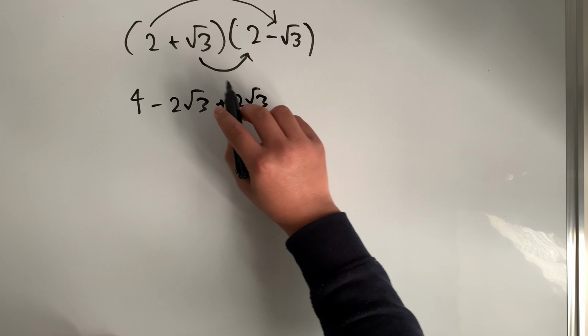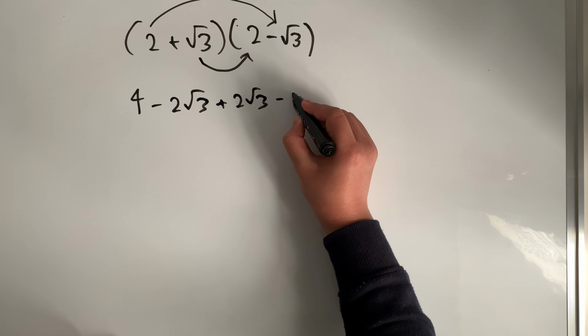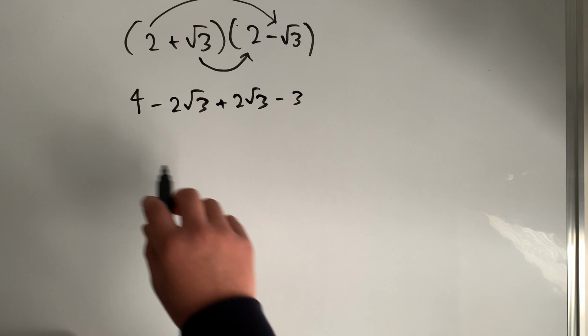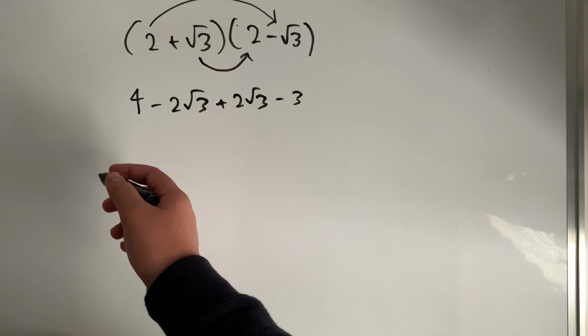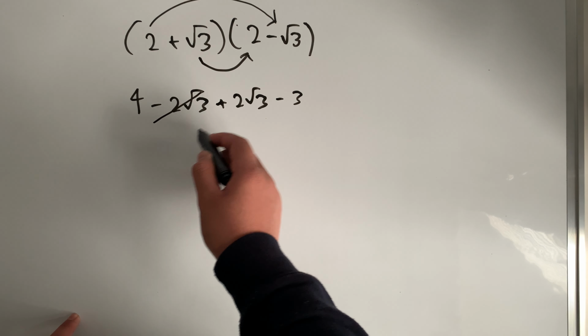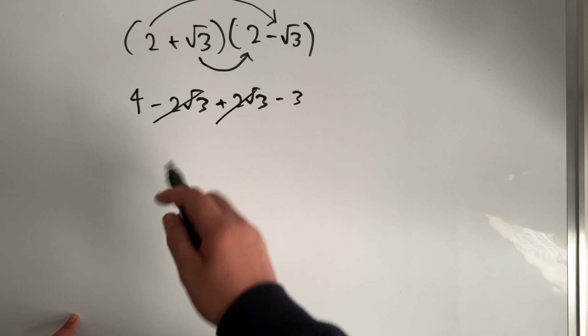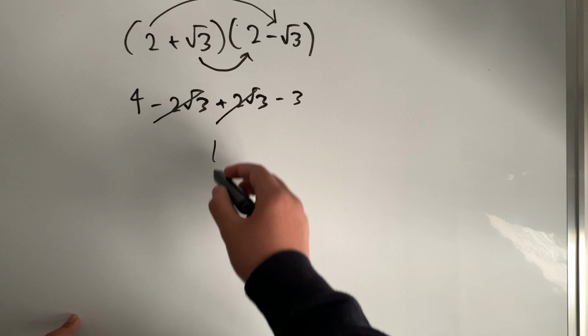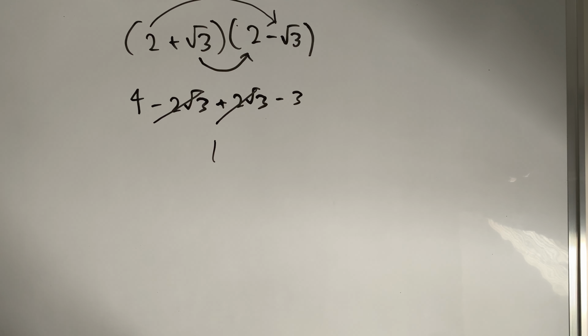And then for the last one, it's minus 3, since there's a plus and minus. Then you just have to collect the like terms. So we can cancel the minus 2 root 3 and plus 2 root 3, which leads us to 4 minus 3 being 1. So the answer is 1.